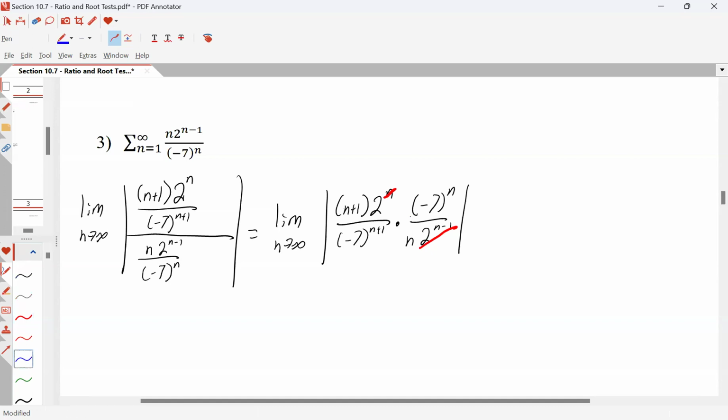The -7 to the n will cancel with the -7 to the n plus 1, leaving us with just a -7 in the denominator, making this limit n goes to infinity of 2 times n plus 1 all over -7 times n.